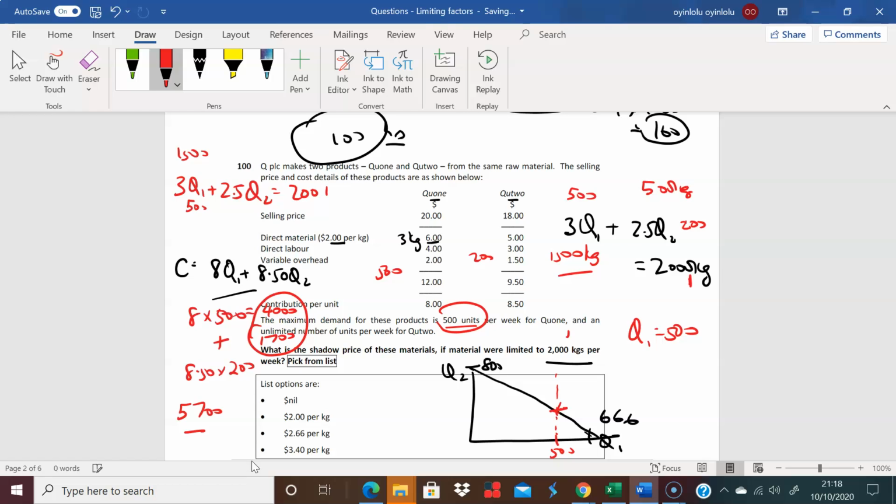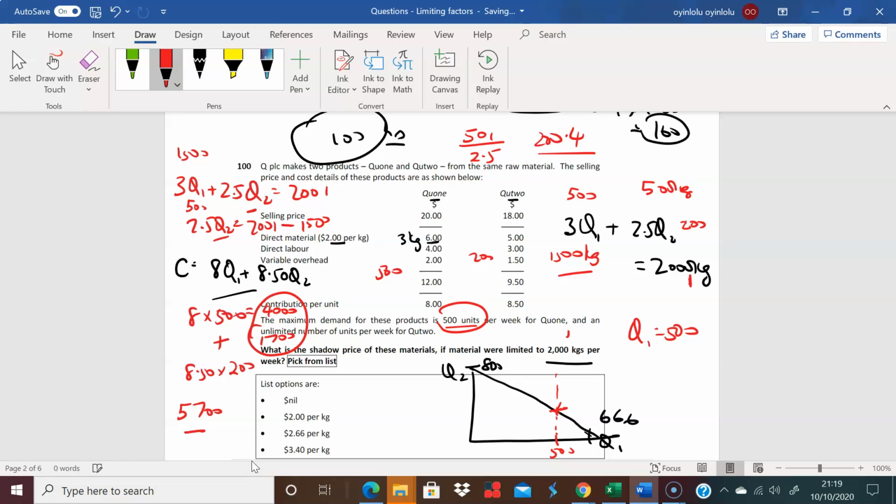So if I'm trying to find how many units of Q2, I take 2,001 minus 1,500, then I'll have 2.5Q2 is equal to 501, which means that Q2 is equal to 501 divided by 2.5, which gives you 200.4.